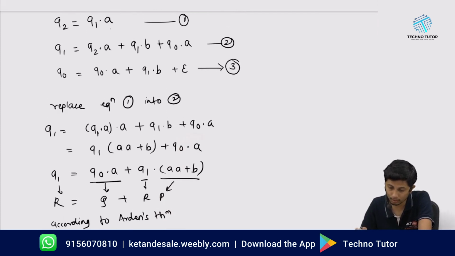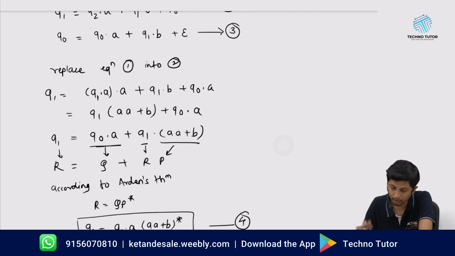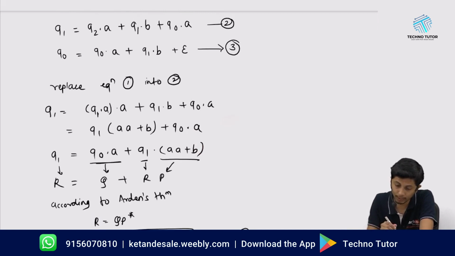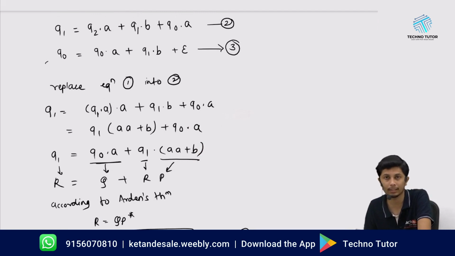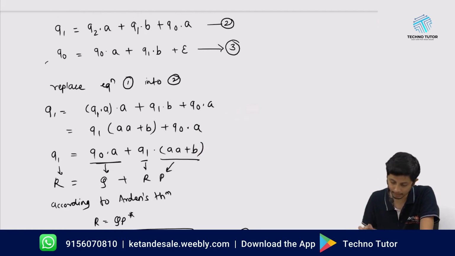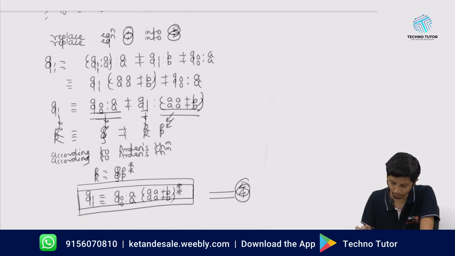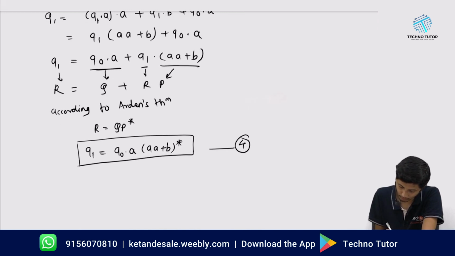Now focus on where we can replace this. See, Q1 is now an equation in terms of Q0, so we can put it into equation number 3. If we put it into 3, we may get the equation for Q0. So put equation 4 into 3.